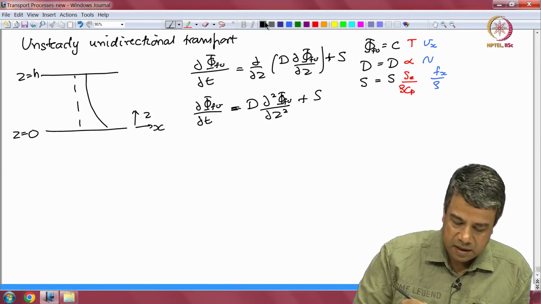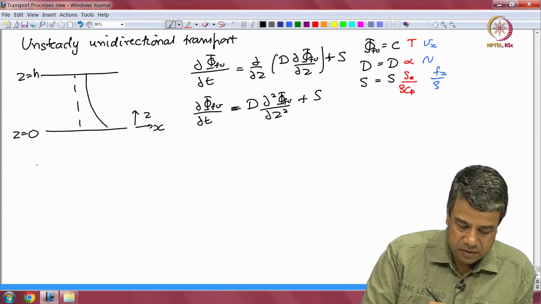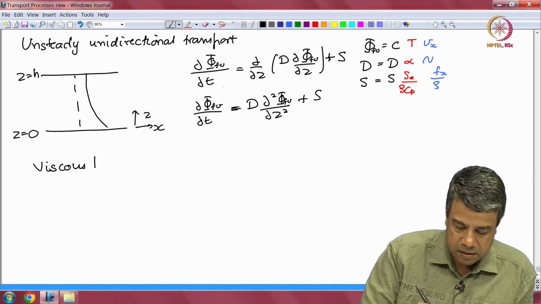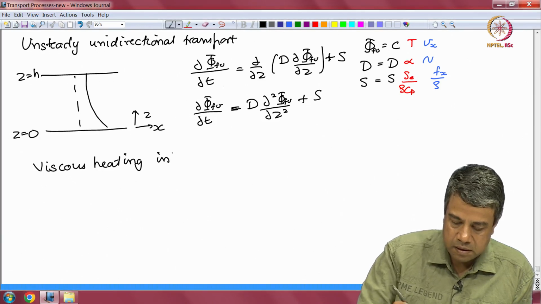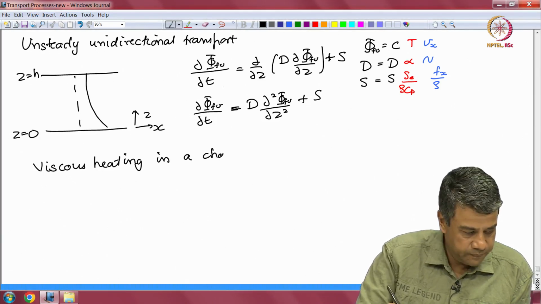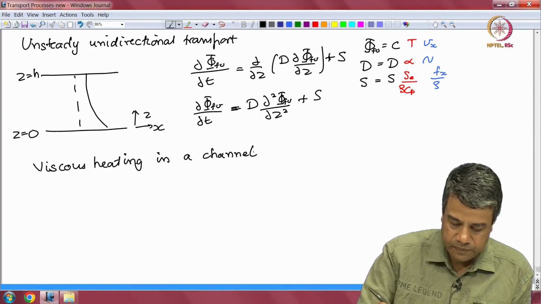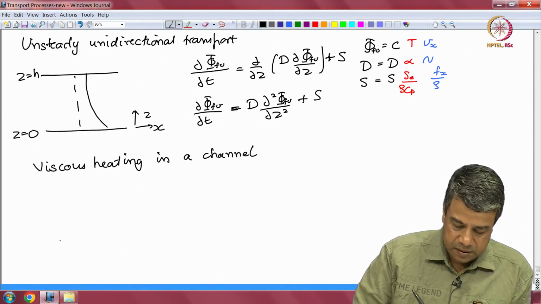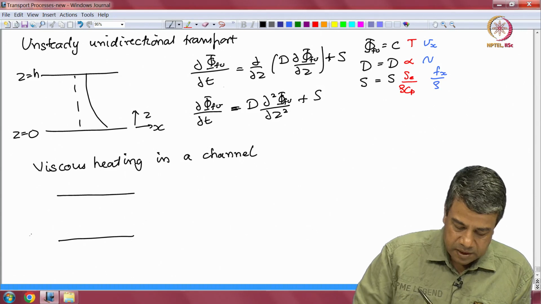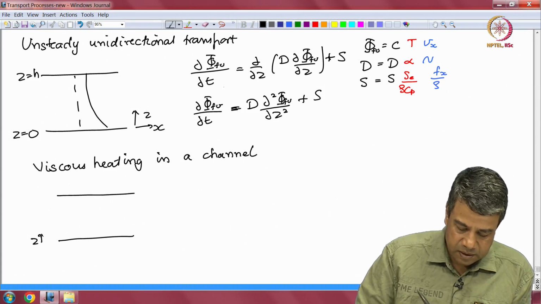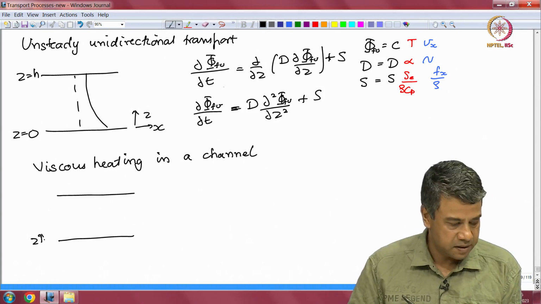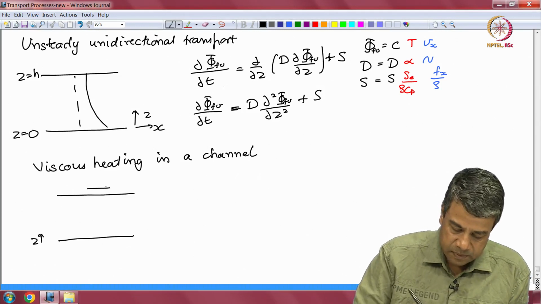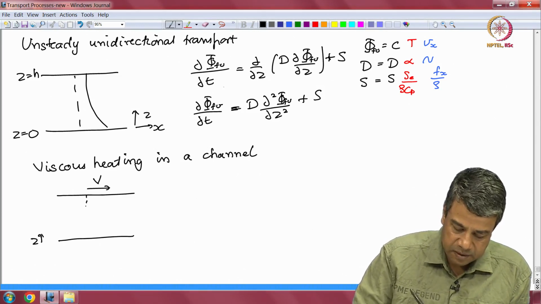Next, let us take a case where there is an internal source, and that is viscous heating. So, we have a channel with the z coordinate perpendicular to the plates, and the top plate is moving with a velocity V compared to the bottom.